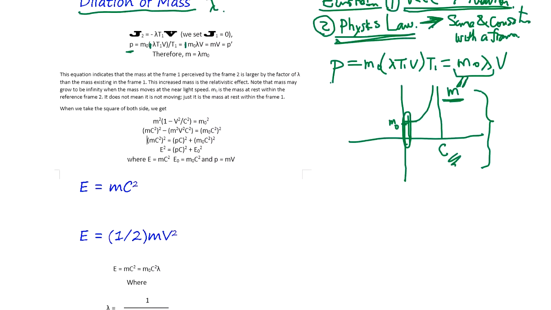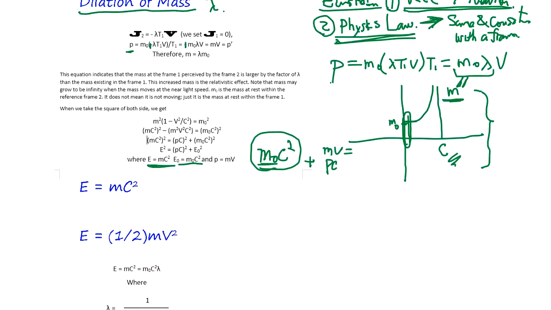Okay, so this is called the dilation of mass, and we manipulate the equation a little bit more to try to calculate energy. Energy will be two parts. Okay, the energy has m0, the intrinsic mass at rest, times c squared. So every mass contains this much energy, plus kinetic energy, which is Pc, the mv.